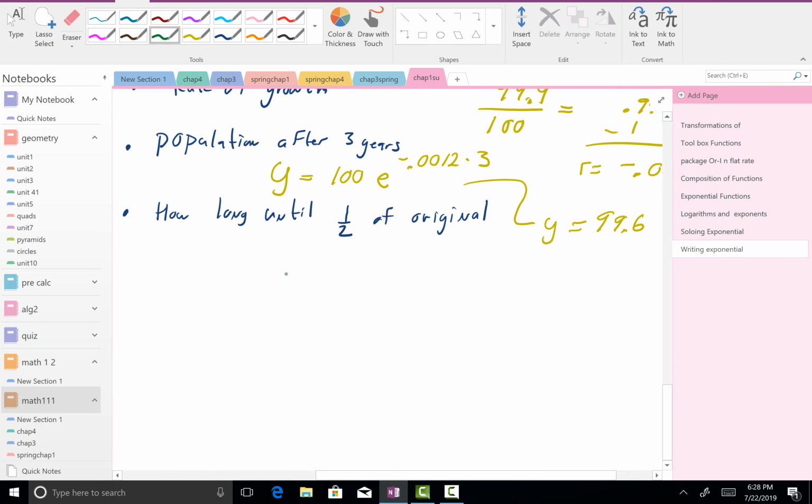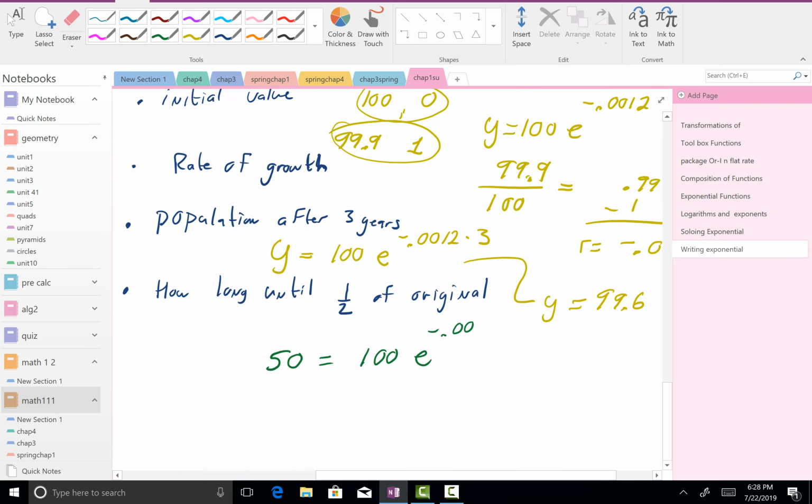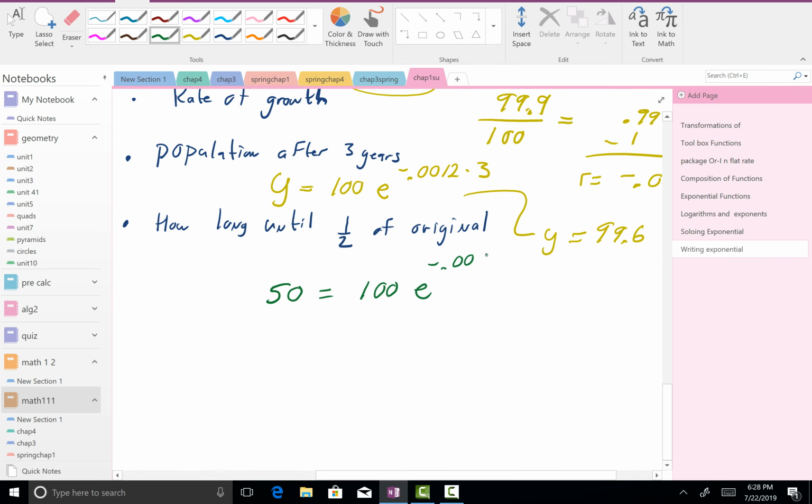So half of 100 is obviously 50. Going to put that there. Going to put this here. Figure out what t is. See how this is just exactly what we just did. The only difference is that this one's going down, it's decaying, and the other one didn't.